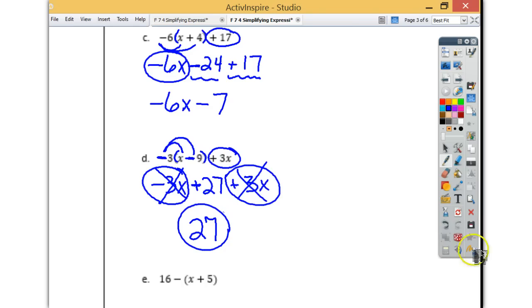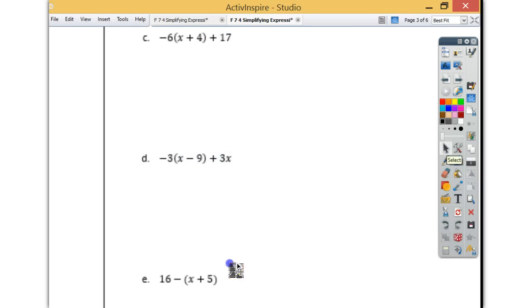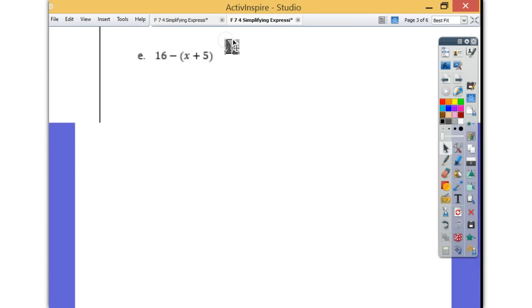All right, I'm going to move this one up. This one is interesting, and this will show up in your homework. Letter E. Now the tricky part here, it's 16 minus the parentheses. That doesn't mean you take 16 and distribute that. That means there's a negative in front of that parentheses, so you have the assumed 1 in there. So you will take a negative 1 times the x, get a negative 1x.